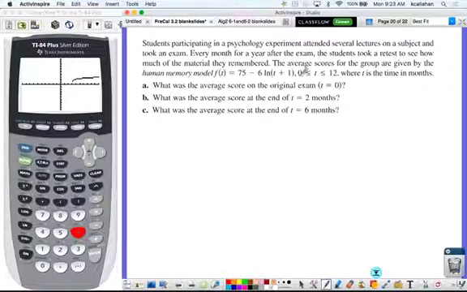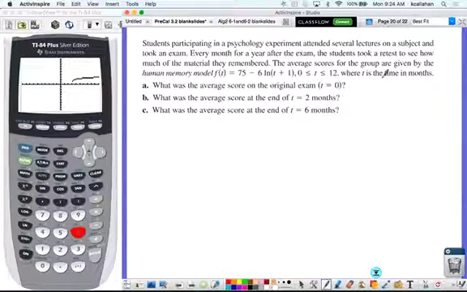So what does 0 less than or equal to t less than or equal to 12 represent? Alex? It's not necessarily a restriction, it's a domain statement. Whenever you have a comma and then it's giving that, it's just telling you that you can only plug in values from 0 to 12. Not because they would make it undefined, but just saying that the model doesn't work outside of 0 to 12 months.